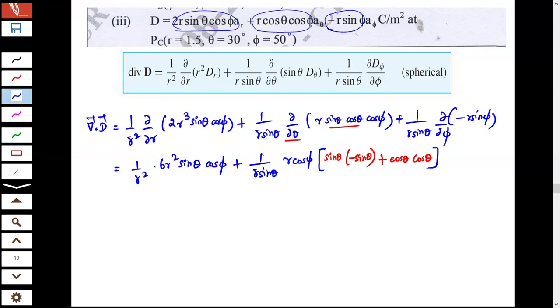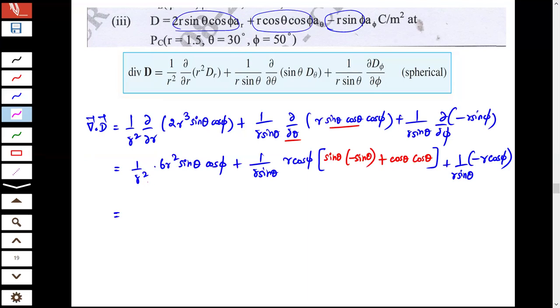So this will be the differentiation of the second term, and the last term is 1 by r sine theta, and here minus r differentiation of sine phi with respect to phi will give cos phi.